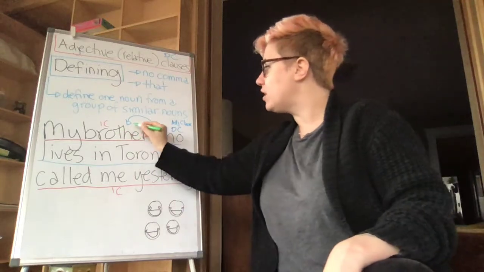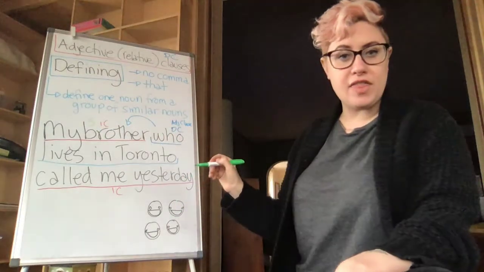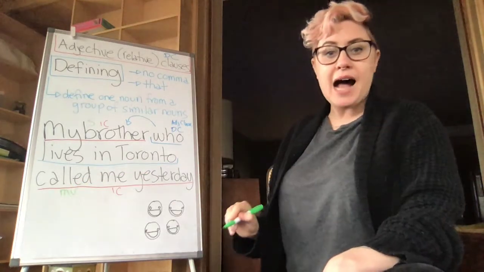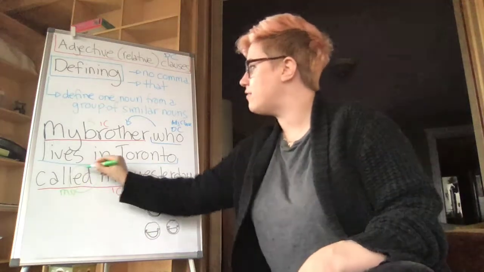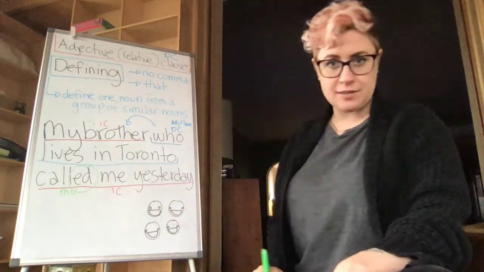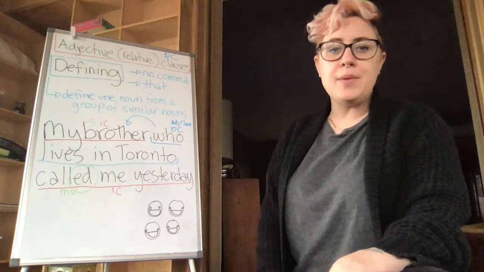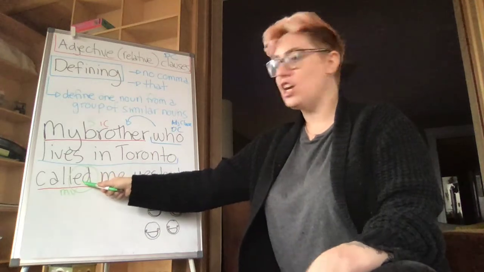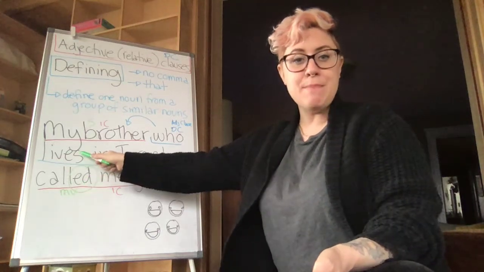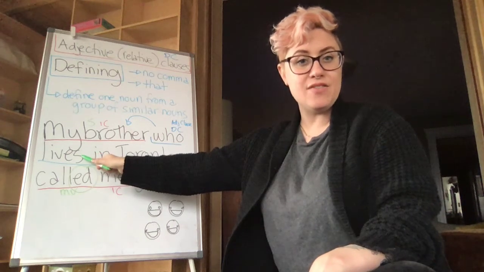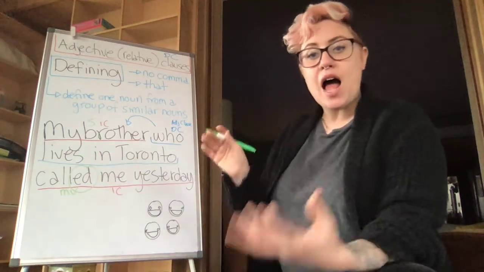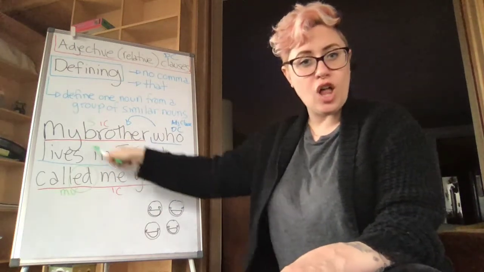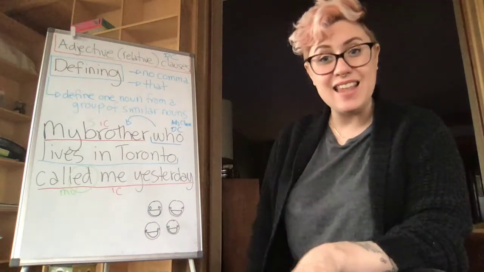So my brother is the subject of this clause and called is the main verb. You have to make sure that the main verb agrees with the subject. That's the first thing. Also, you will notice that the main verb here is in the simple past, and the main verb of this clause, lives, is in the present simple. I want to tell you now that the verbs in each clause can be in different tenses.